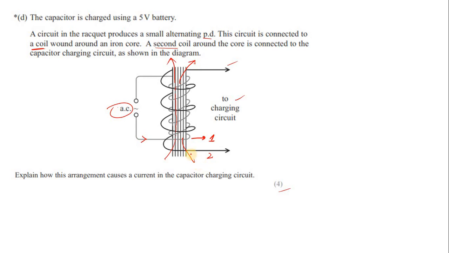Whenever flux is changed, an induced EMF is produced. So in the second coil, due to the change of magnetic field of the first coil, which is linked with the second coil, an EMF is induced, and an induced current is going to flow. And this current can be used in the circuit to charge the capacitor, because the circuit is complete. So that's how we can charge a capacitor.